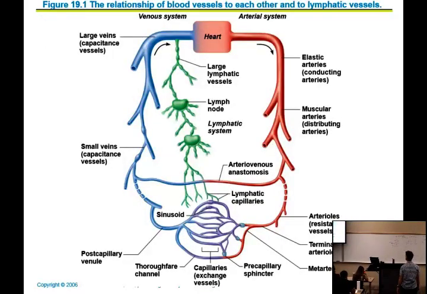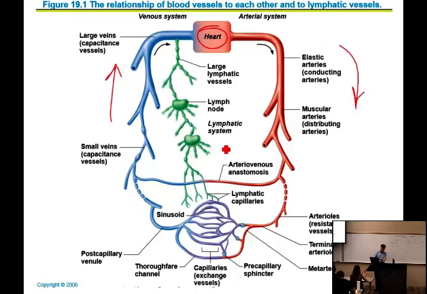So this is a typical schematic then of that whole cardiovascular loop. So we've already talked about this part up here, right? There's the pump. We have arteries that are going away. We have veins that are going back towards, and then this is the site of exchange, the capillary beds.